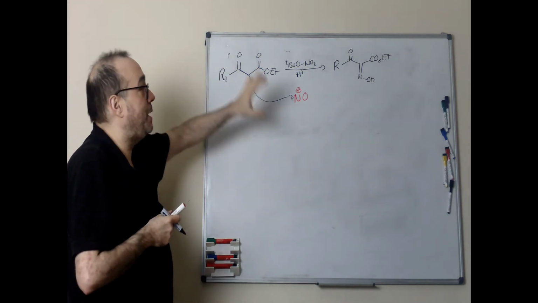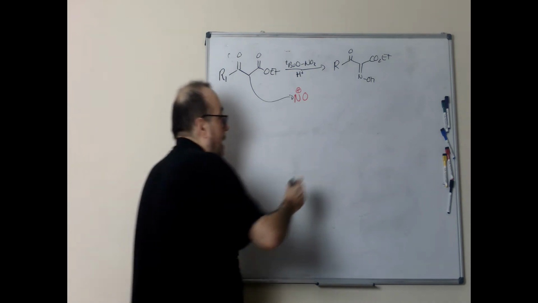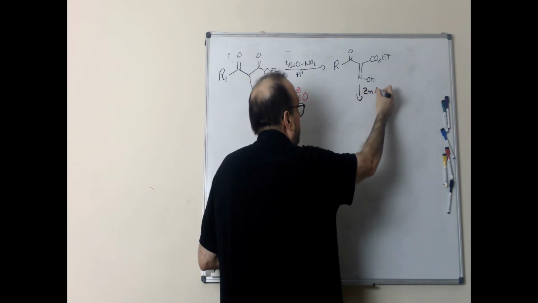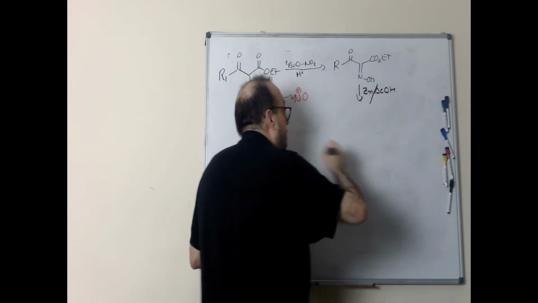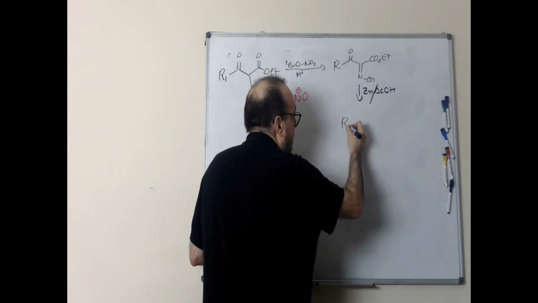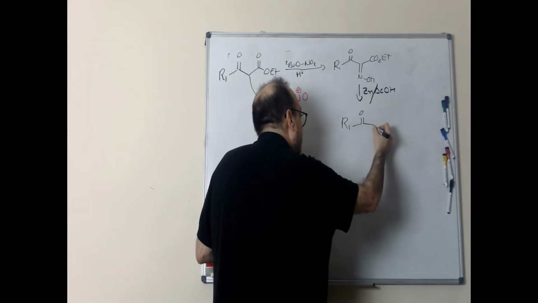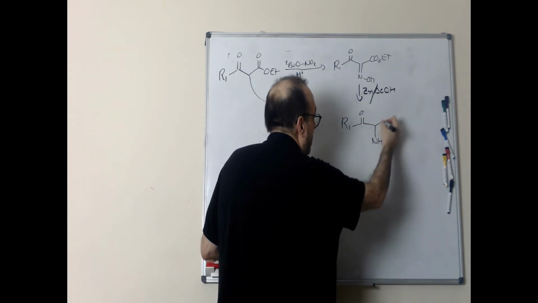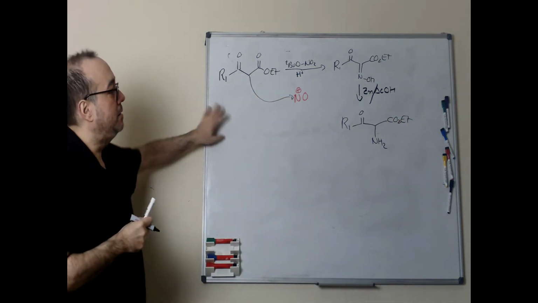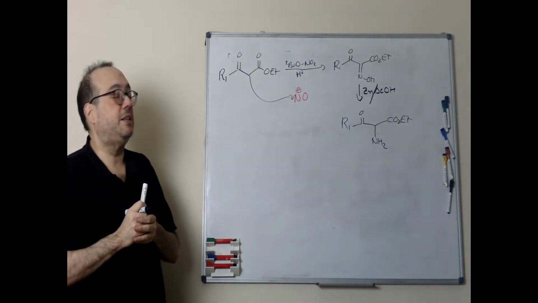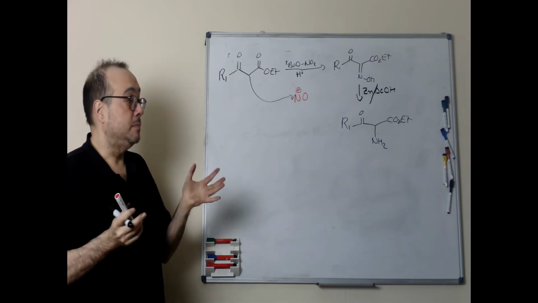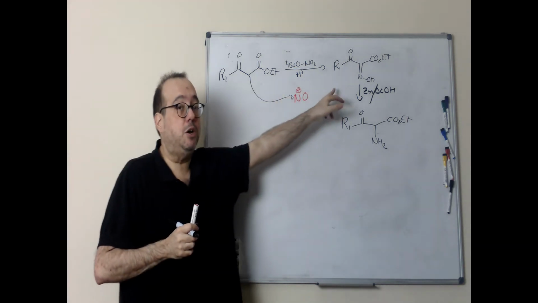The mechanism of this part is in the notes, and then this is treated with zinc in acetic acid. Okay, we are reducing, and what we get is the amino ketoester. This is how we synthesize the amino ketoester. Okay? Easy. Please check this mechanism in the notes.